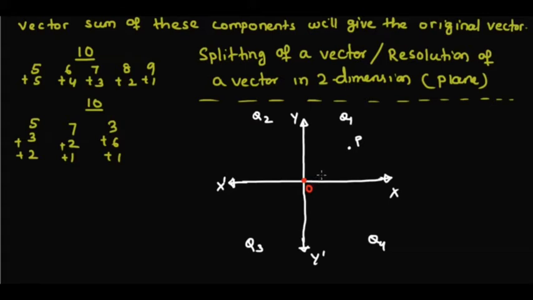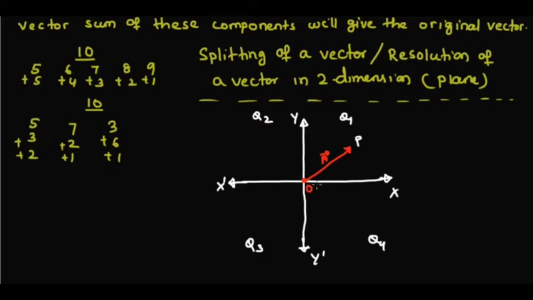Now I will draw the position vector of the point P. Position vector means it is a vector joining the origin with the given point. So I will draw a vector like this. So OP vector is the position vector of point P, and let me name it as vector A. Is that clear?